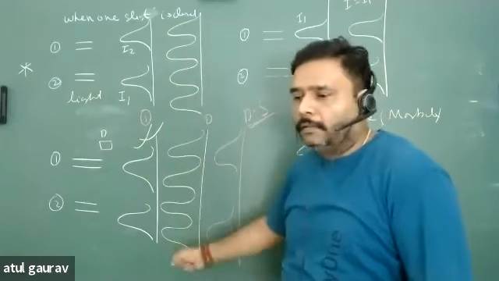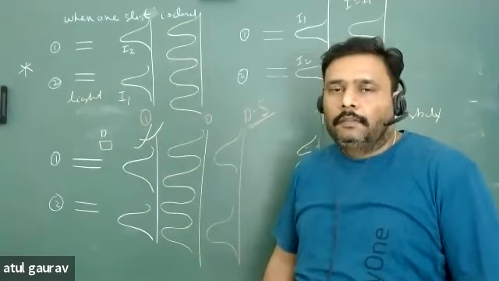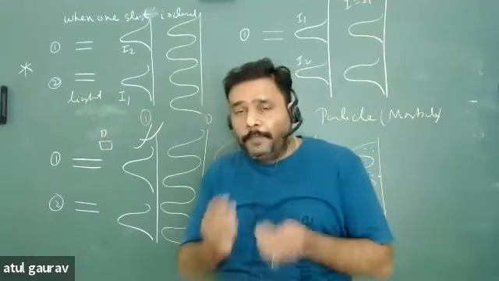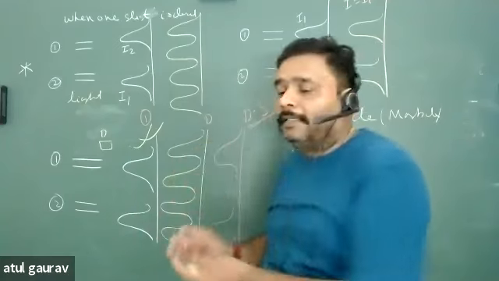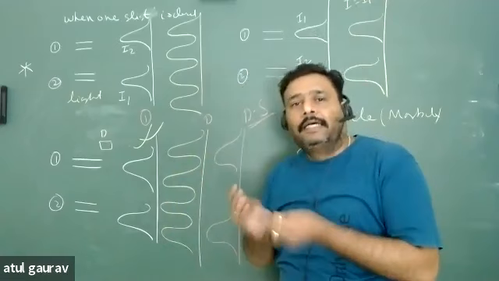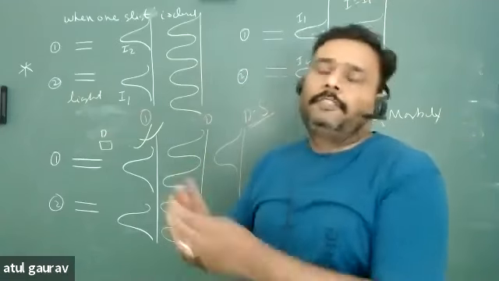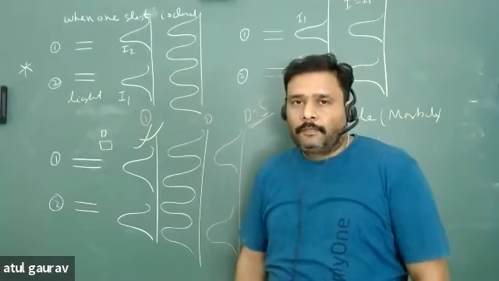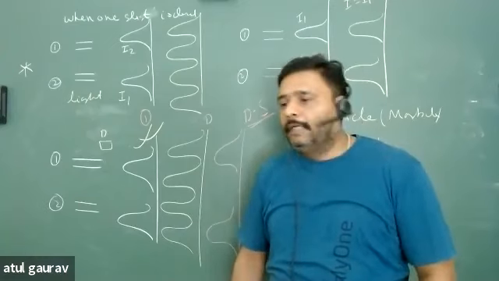This pattern. What is happening? And please, this is not a fairy tale, and this is not a sci-fi movie story. It is done and experimented in the lab actually. My goodness.